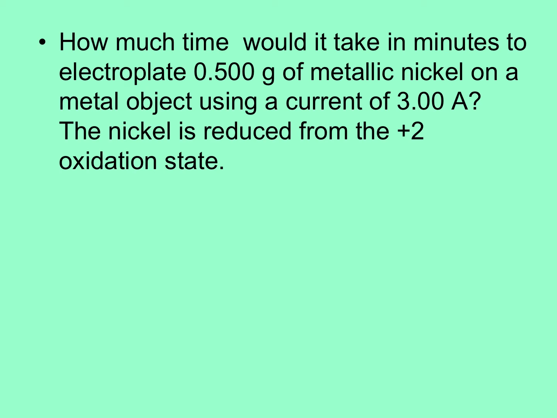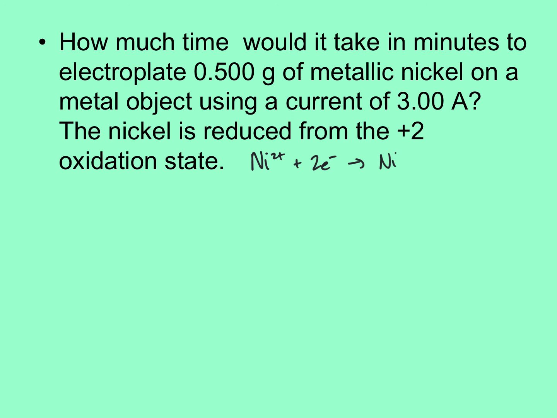All right, so what you have to do first here is write the equation for the half reaction from nickel 2+ aqueous to nickel solid. Once again, like in the previous problem, you have 2 moles of electrons for every mole of nickel.